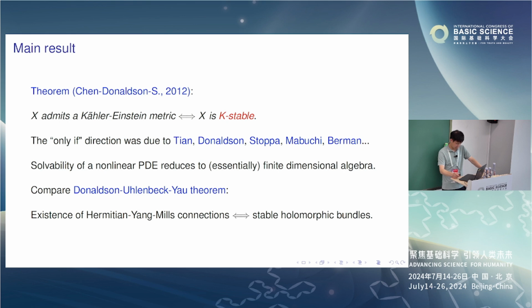So essentially the theorem says that the solvability of this nonlinear PDE reduces to an algebro-geometric problem. It's an analog of the previous Donaldson-Uhlenbeck-Yau theorem that identifies the existence of Hermitian Yang-Mills connections on holomorphic bundles with stability.